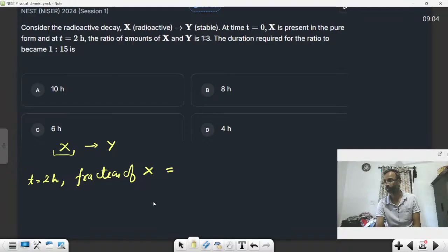What is the fraction of X unreacted? Because amount of X is 1, and what is the total amount? 4. So 1:4. That means 1 upon 2 raised to power 2.